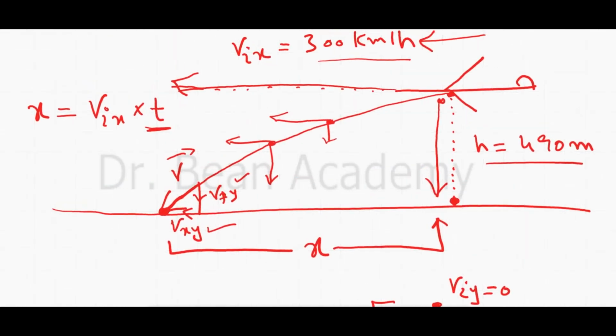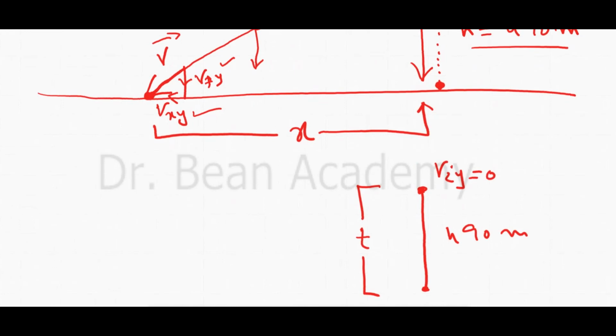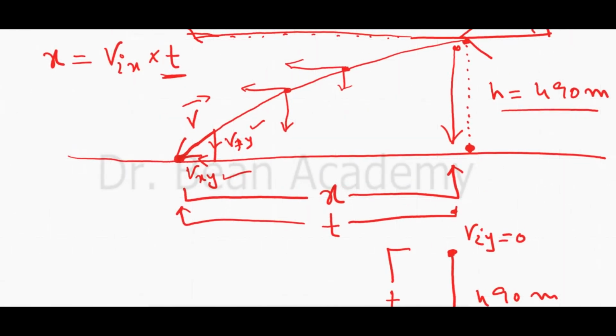Just remember that the initial velocity was purely horizontal, so the bomb didn't have any vertical velocity; the vertical velocity is 0. So this time t is actually equal to the time it will take for the bomb to cover this horizontal distance. You want to calculate this distance x, but you need the time t it will take for the bomb from this point to this point.